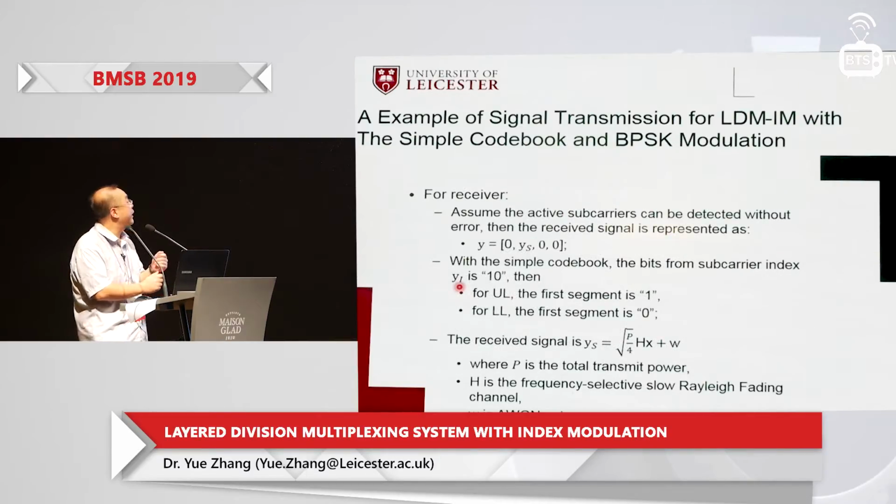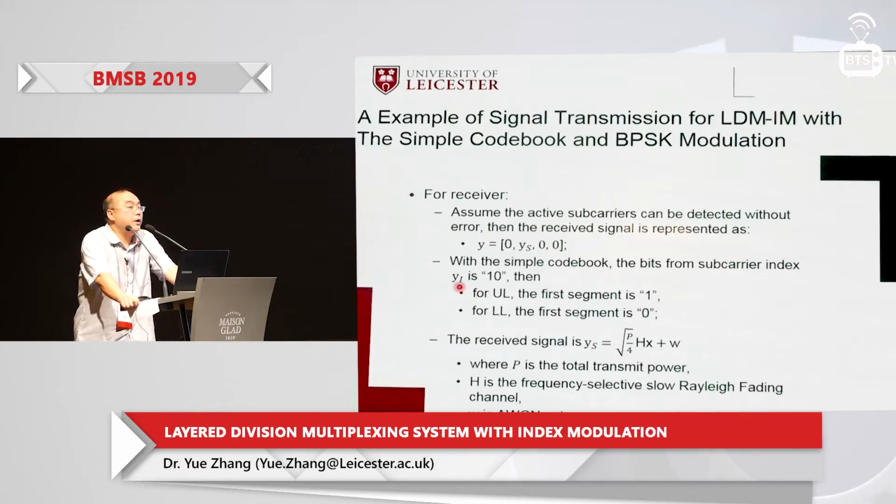For the receiver, assume the active channel can be detected without error, so here we ignore the detection issue. We assume we can perfectly detect the active channel to get the data. With every detection, we can successfully get the information bits for the index modulation.